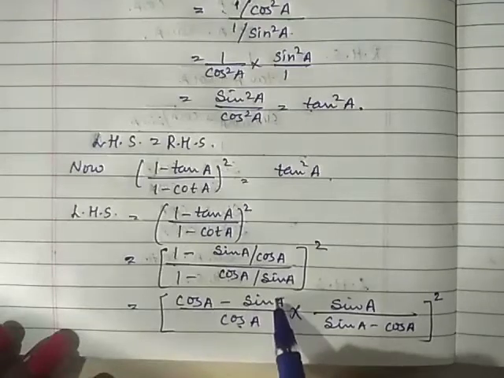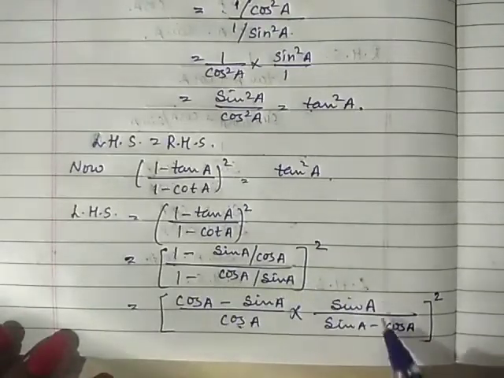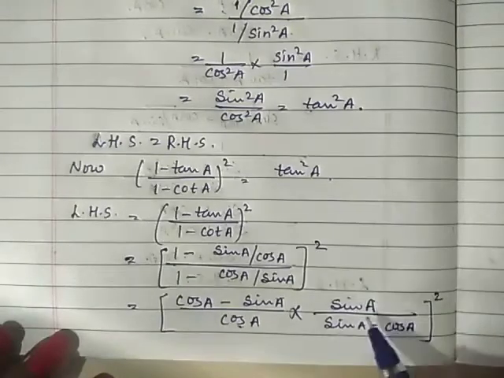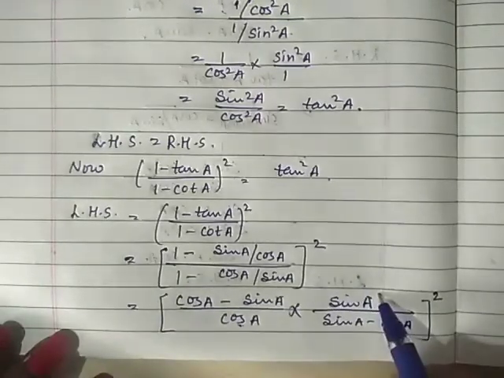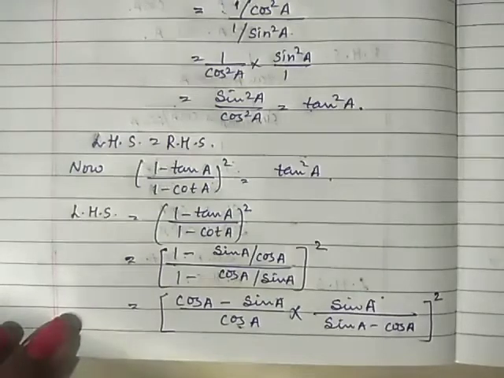Now we are solving the denominator. Sin A is the LCM. So the denominator of the denominator comes to numerator. So here sin A upon sin A minus cos A, and the whole square.